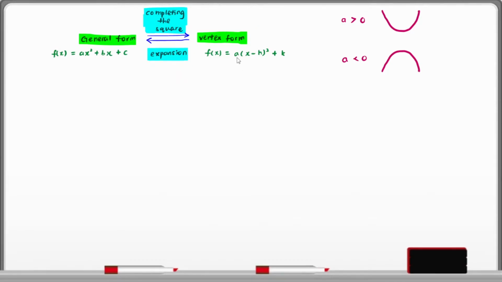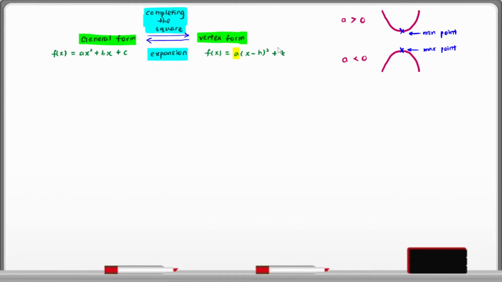In vertex form, when the value of a is greater than 0, this is the shape of the graph. Here you're going to have a point called the minimum point. And when a is less than 0, this is the shape of the graph, and the point is called the maximum point.